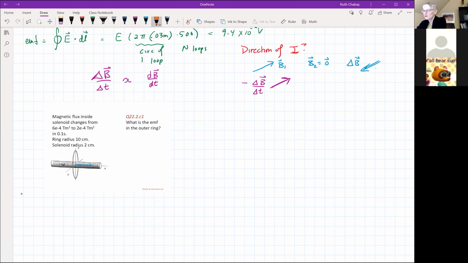You're given two values of the flux, 6 times 10 to the minus 4 Tesla meters squared to 2 times 10 to the minus 4 Tesla meters squared in a tenth of a second. The ring radius is 10 centimeters and the solenoid radius is 2 centimeters. So what's the EMF in this outer ring? Think about this for a minute.